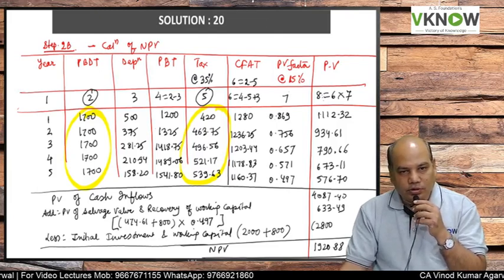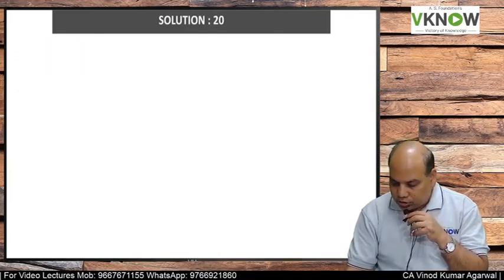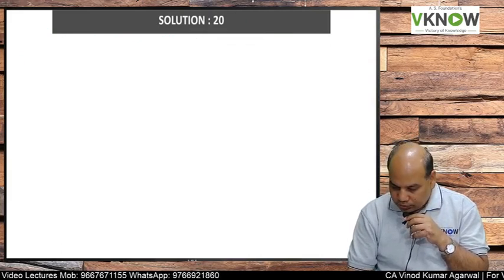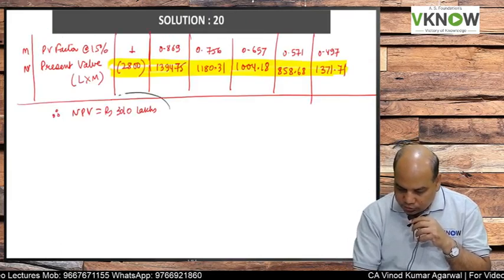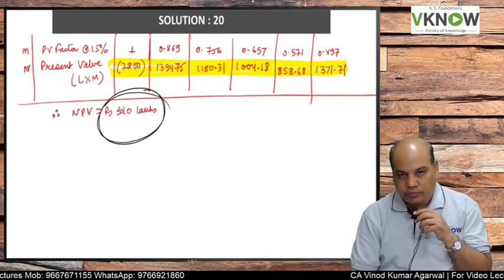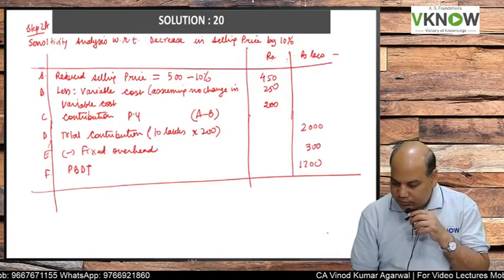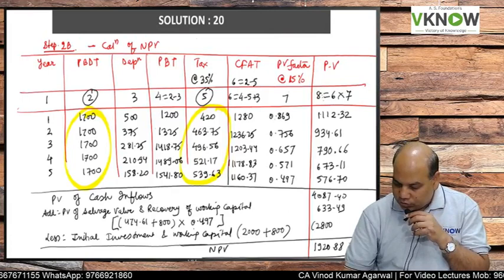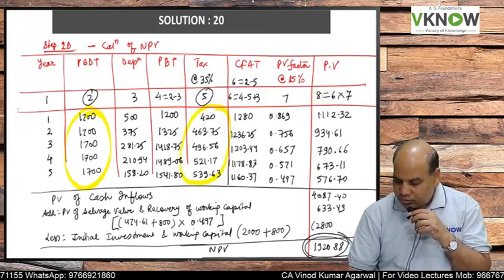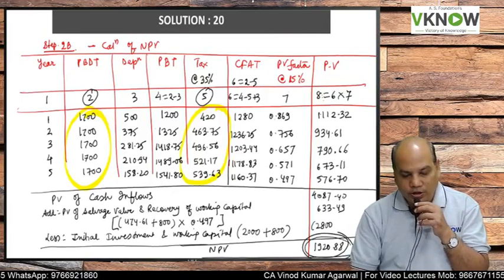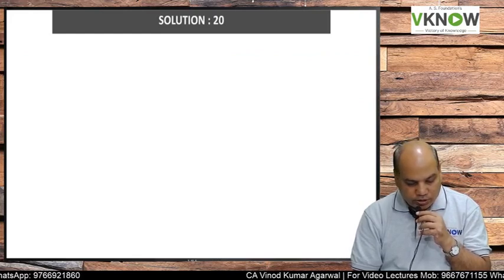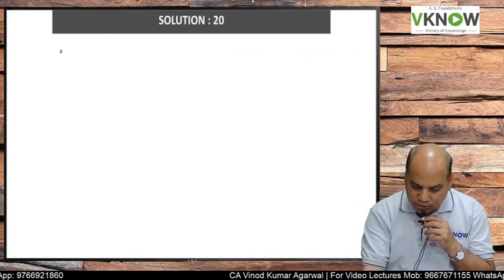1920.88. Understood? Original answer was how much? On the screen, 3010. By changing your selling price by 10%, your NPV has gone down drastically to 1920.88. So right below, percentage reduction in NPV.